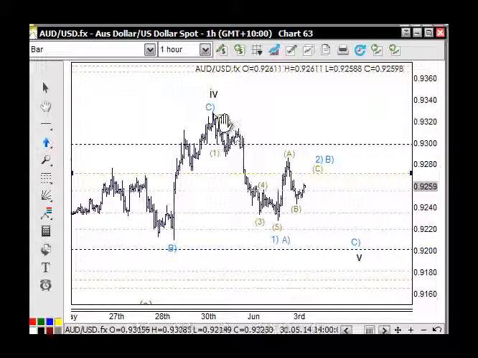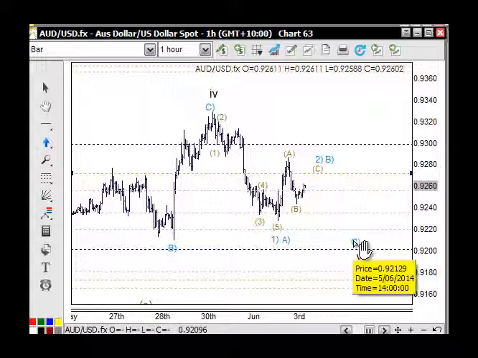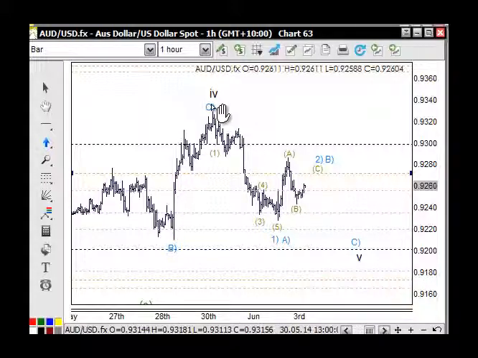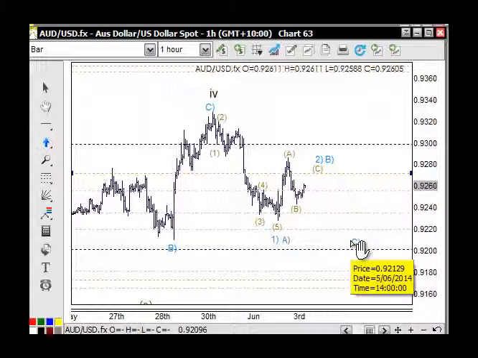It would in terms of having it as an A wave here in blue, a B wave here, and then a C wave down here. Then we could have it as the ending triangle pattern, but that would need to play out first. So it's a bit tricky, but because we have 5 waves here, we should see a counter trend here, and I was thinking of it as an A and a B and a C here, and then another 5 down through to here. So I'm just a little bit unsure.